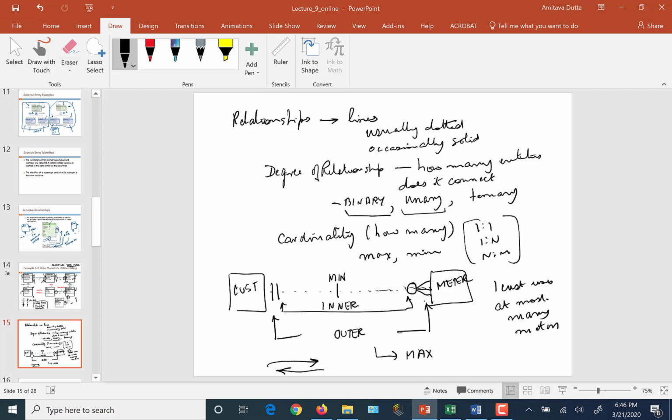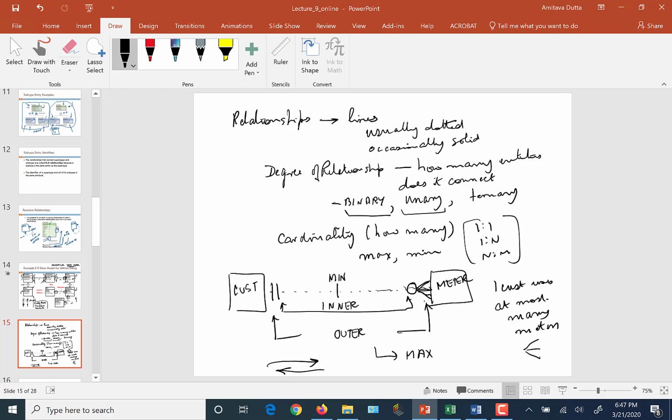Where did the many come from? You see this crow's foot at the end? The crow's foot is just sort of a corrupted version of the letter M. So many. One customer uses at most many meters because the outer symbols represent the maximum cardinality.